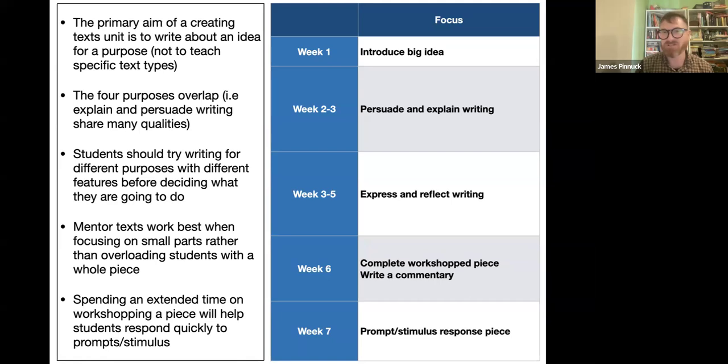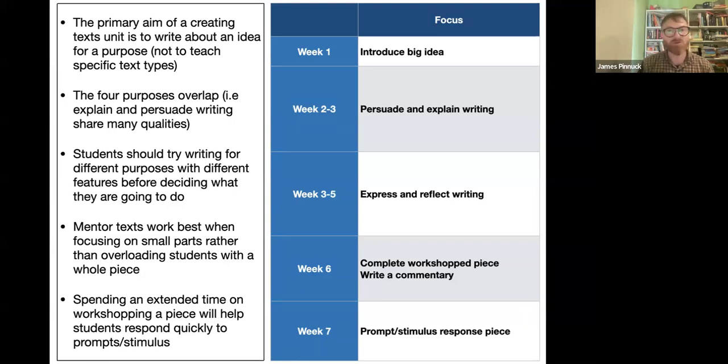Another really important pedagogical outcome of this unit design that we're proposing is that students should experiment with writing for different purposes. So rather than just saying to students, you all need to write a persuasive piece, or rather than students saying, I'm only going to write a reflective piece, over a few weeks, they should experiment with a couple of different purposes.